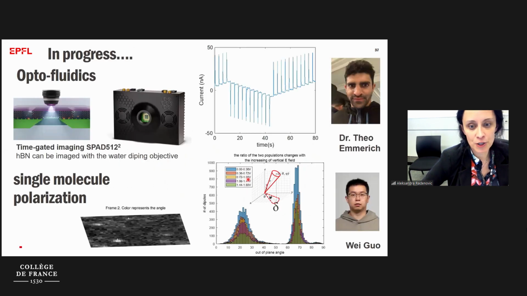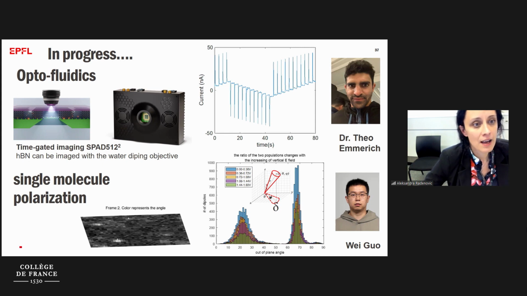So as I mentioned, we are going in this direction so that we parallelize the measurements, using SPADs for lifetime, and hopefully also for single photon characterization using these time-gated SPAD arrays, and building the optofluidic setups, which currently also work.